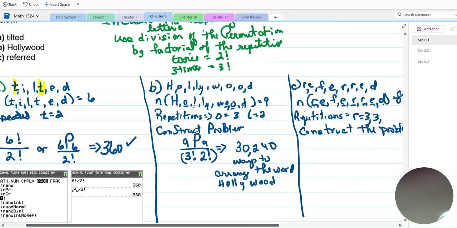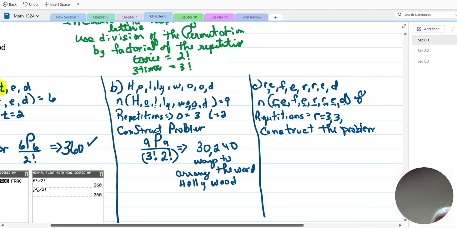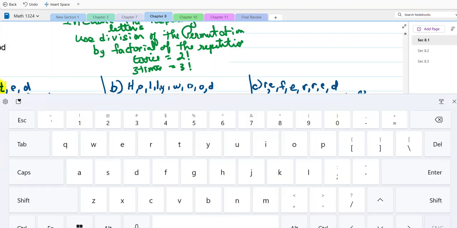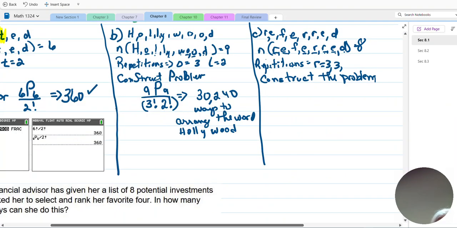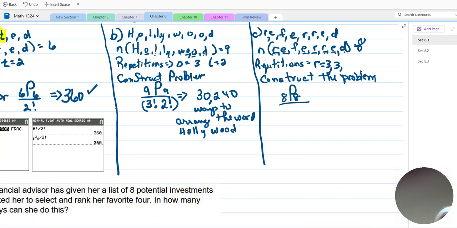There we go. Let's construct the problem. So we have a permutation of 8P8 over, in parentheses, 3 factorial and 3 factorial.